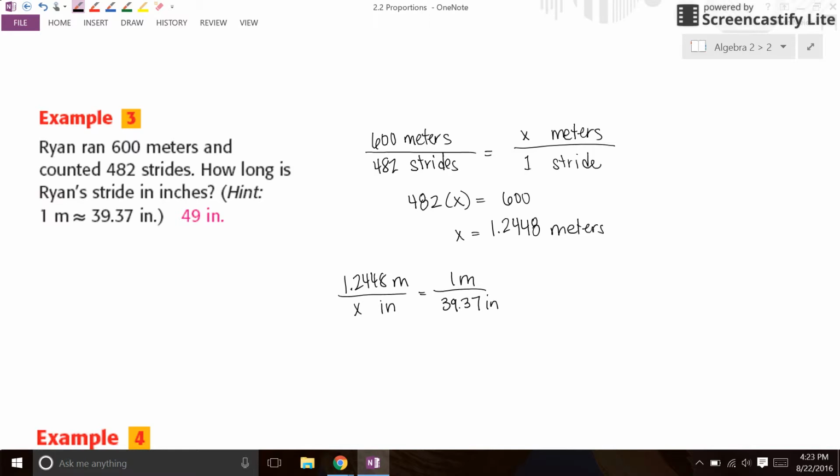Again, I will cross multiply, or really you might see that I'm just multiplying by 39.37. When I do that, I get 49.008, so x is 49.008 inches. All right, that is some beautiful mathematics, and we will come back after this short break.